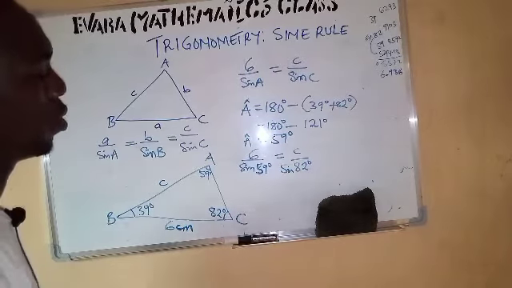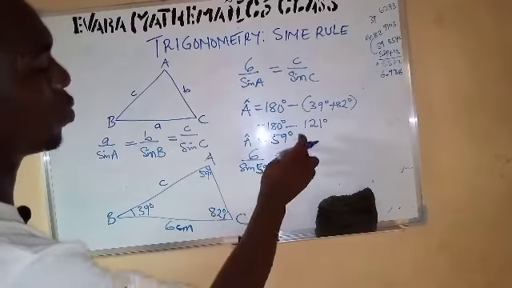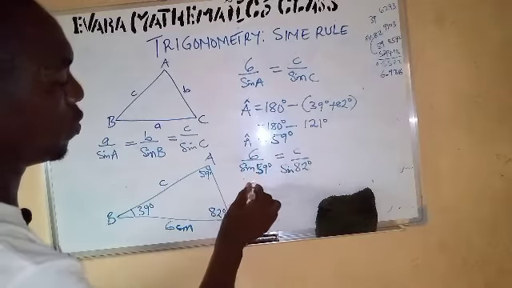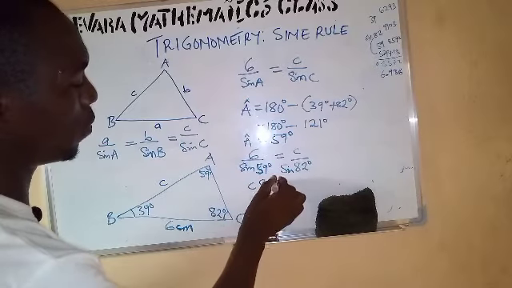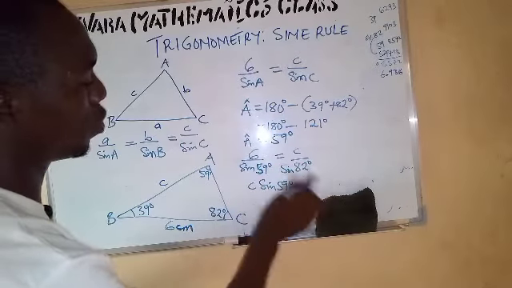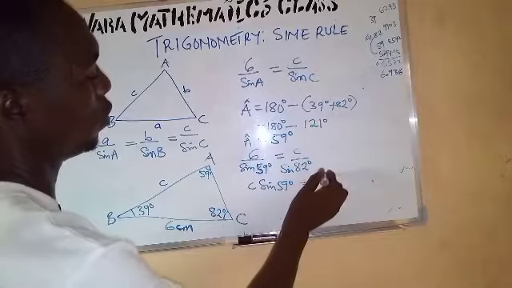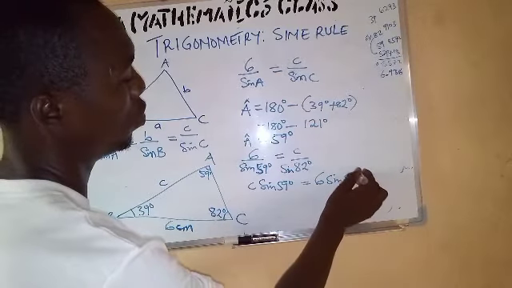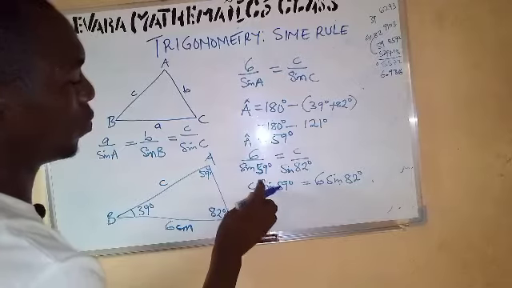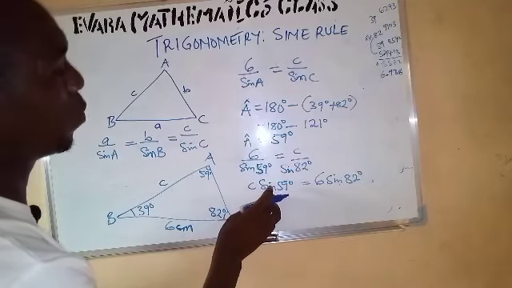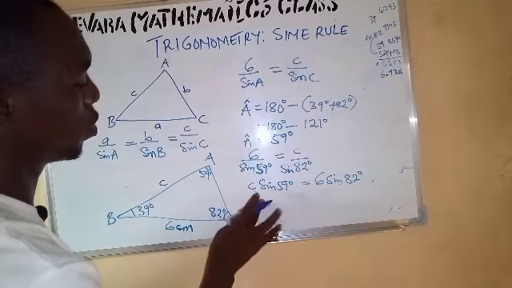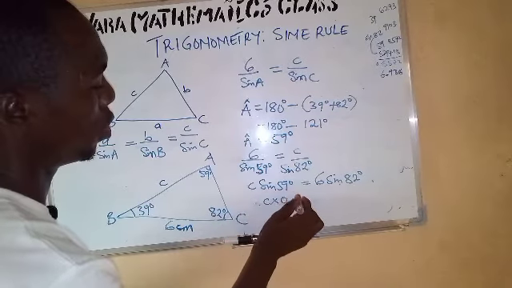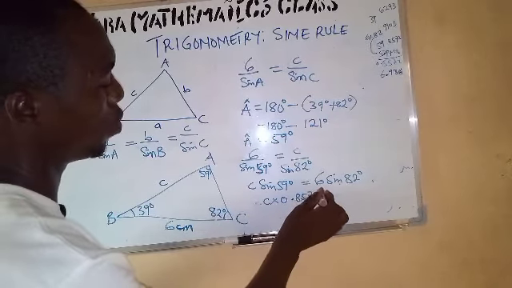So now, for us to get C, we cross multiply. C will multiply this. This is C sine 59 degree equals 6 sine 82 degree. So sine 59 degree from calculator will give us C times 0.8572.